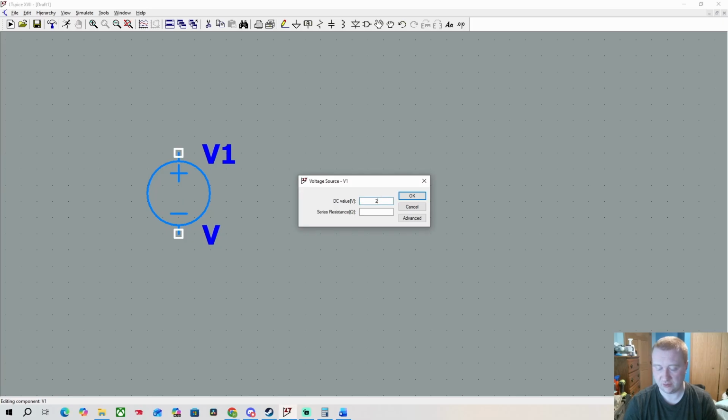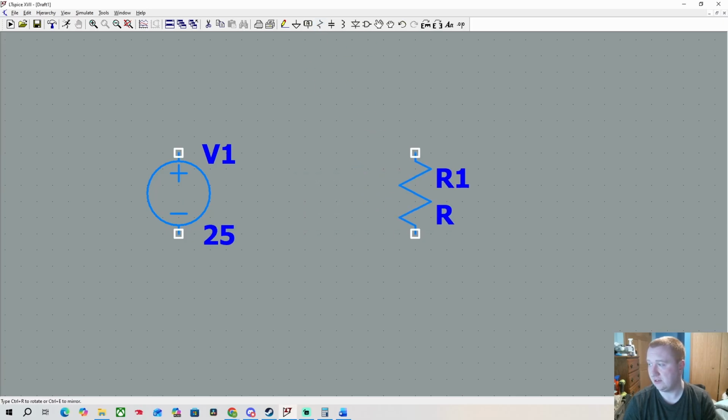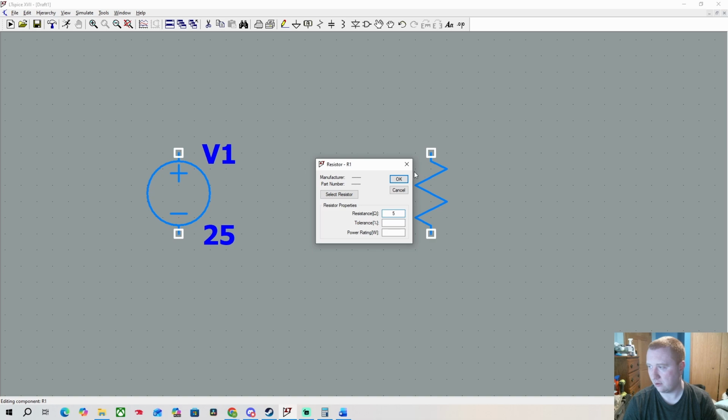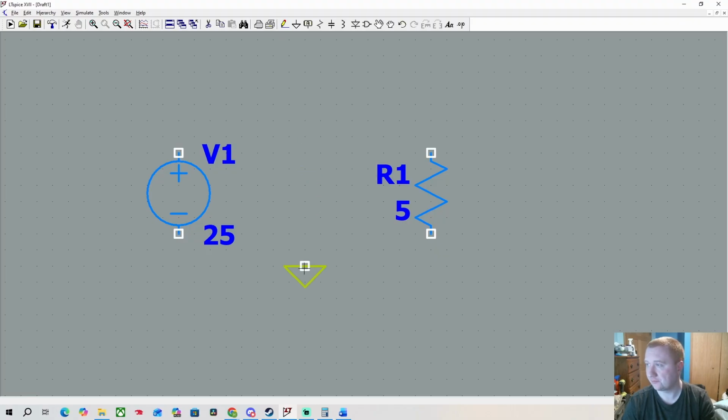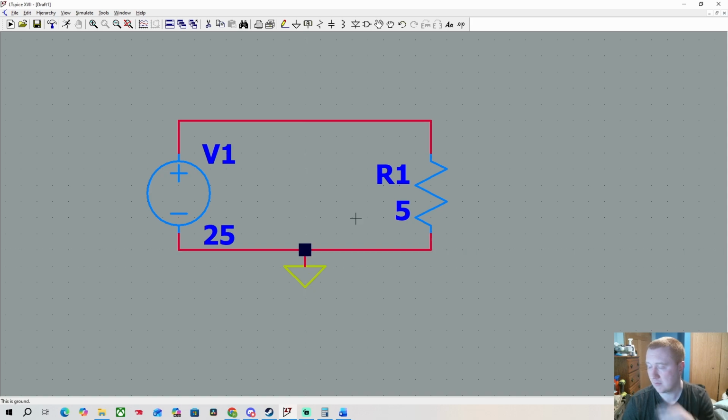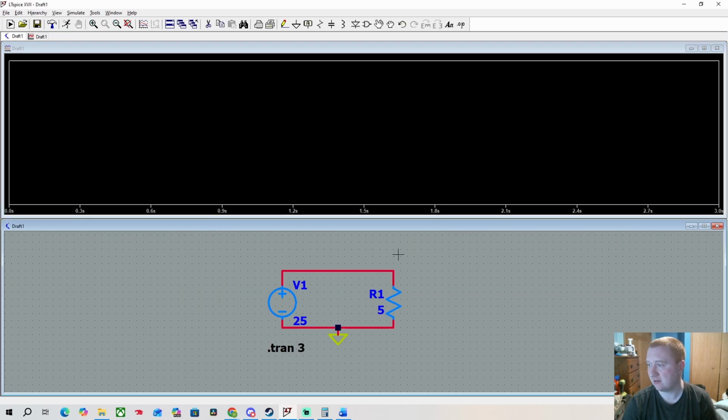So if I do a 25 volt source, and we do a 5 ohm resistor, I mean, power rating won't really change how it simulates, but just for the sake of consistency, we may as well do 200, and then we need a ground. Okay, then we run it. Let's say just 3 seconds.